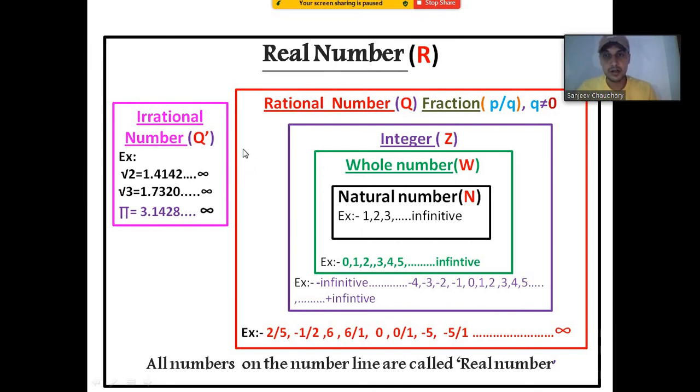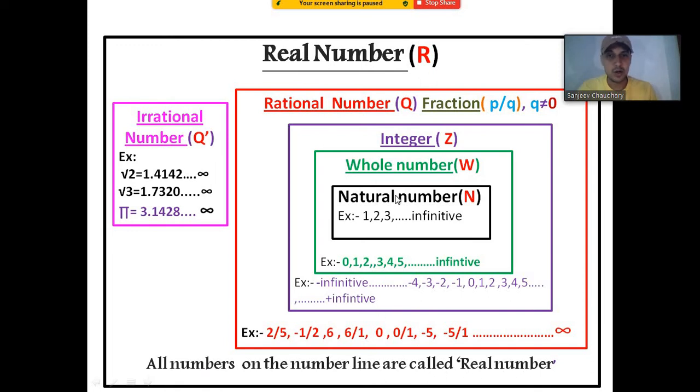Now the biggest box is here, real numbers. So whatever number you know, whatever number you can imagine, that would be a real number. As you can read in the definition, all numbers on the number line are called real numbers.